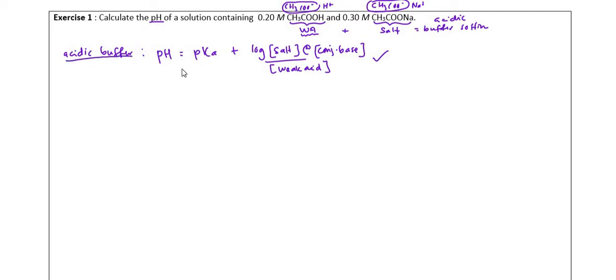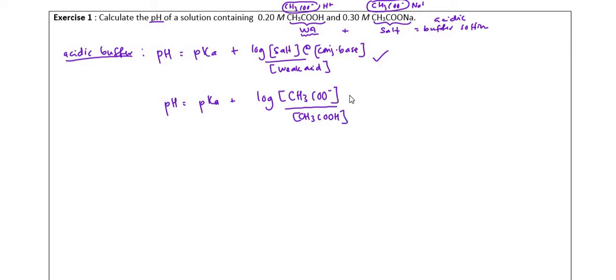So when you write the formula, we cannot write it in a general form. That is in our theory. To answer the question, you have to write it specifically. Like this: pH equals pKa plus log CH3COO minus over concentration CH3COOH.